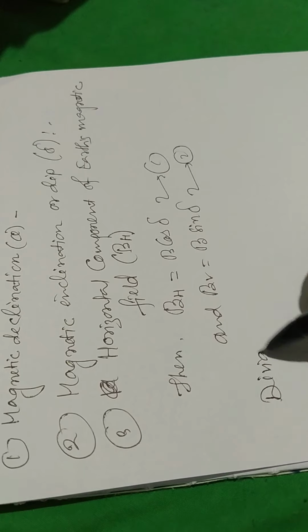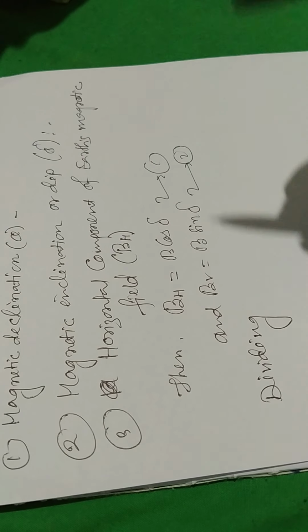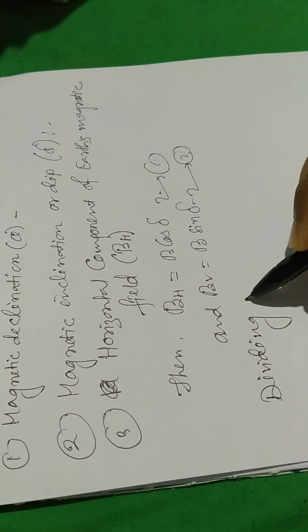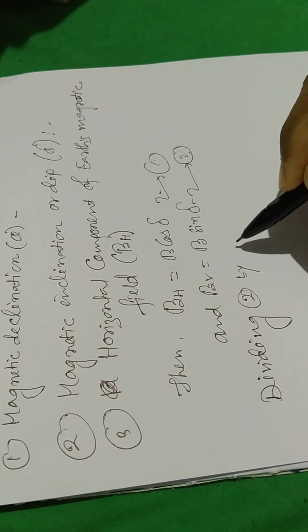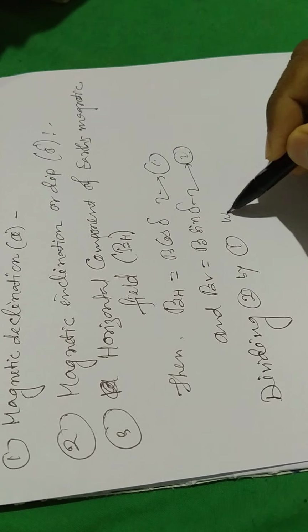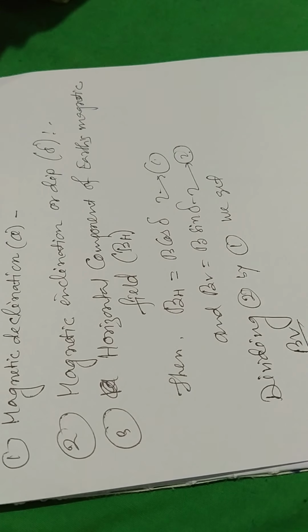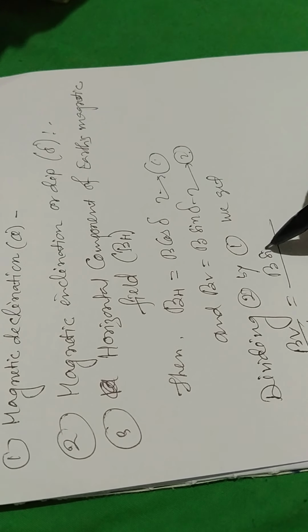Dividing equation 2 by equation 1, we get BV by BH equals B sin delta by B cos delta.